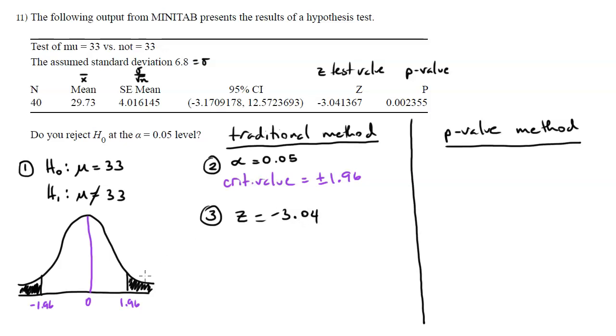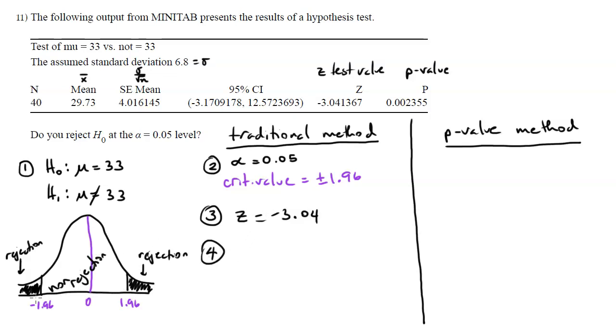If that test value lies in either of these two intervals, this is rejection, this is rejection, this is non-rejection. If that test value lies in any of these two regions, reject the null hypothesis. If it falls between negative 1.96 and positive 1.96, if it's here, don't reject the null hypothesis.